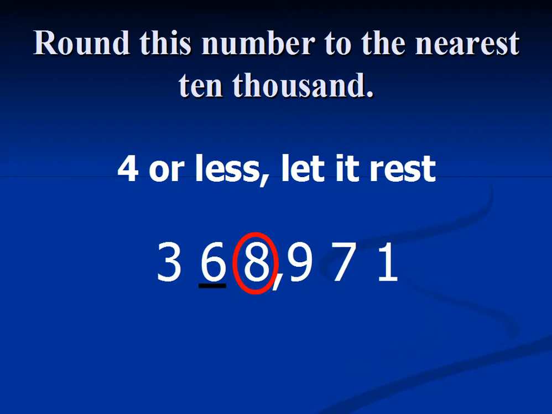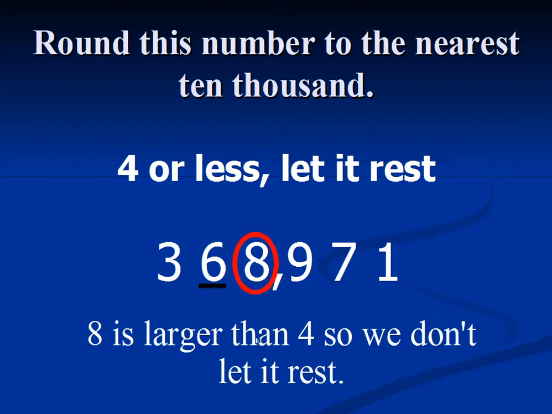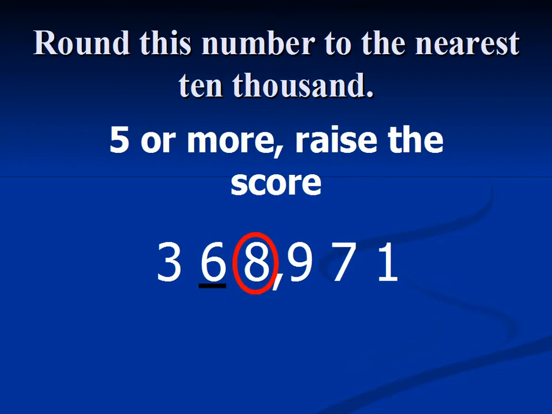Now, if the boss is 4 or less, we're going to let it rest. That's why we call it the boss. The boss is what we use to determine if we were going up or staying the same. And since 8 is larger than 4, we're not going to let it rest. And since 8, if it's 5 or more, we raise the score. So we're going to add one more to the 6.